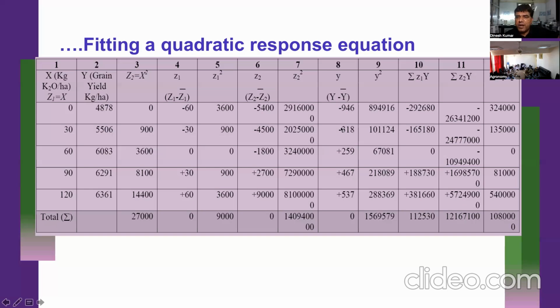If you subtract the mean, the total will be 0. You see, total will be 0. Here also the total is 0. I think that much mathematics you understand. Then next is column number 9, Y square. You square the values of column number 8, you get these values.